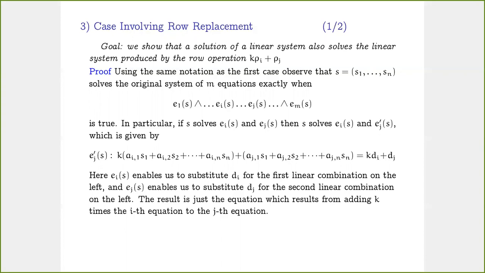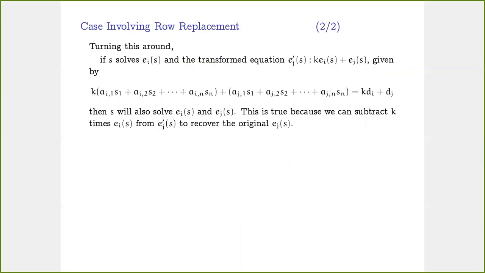So this is just the equation that results from adding K times the ith equation to the jth equation. Now, we can turn this around and check that if S solves E_i and the transformed equation, which is K times E_i plus E_j, then S also solves the original equation. We know it already solves E_i because we've assumed that.